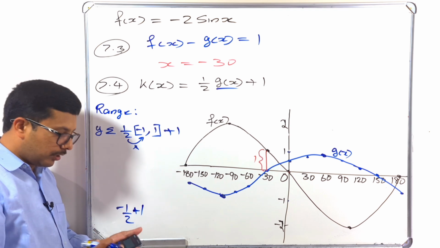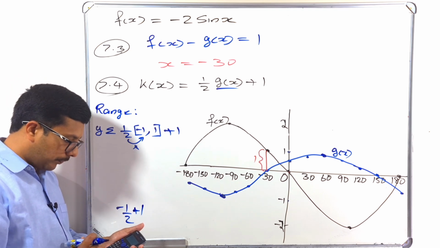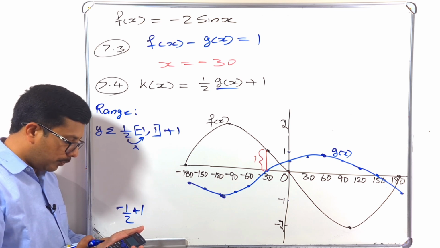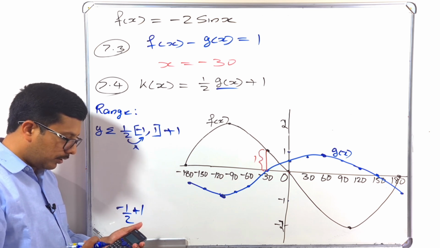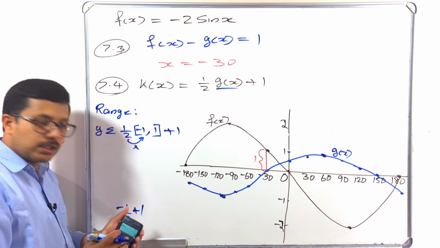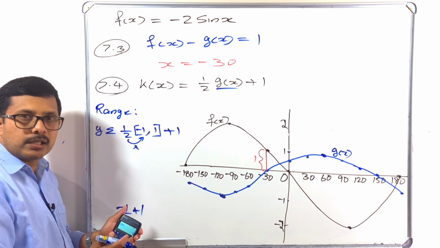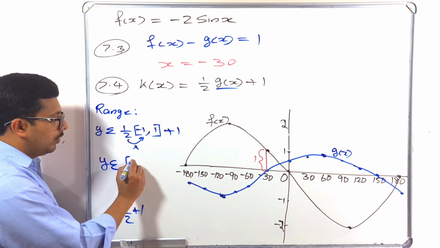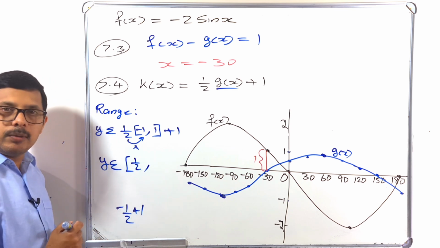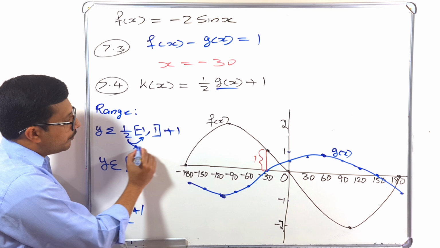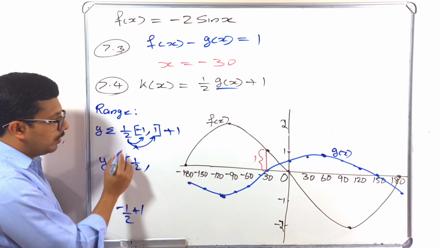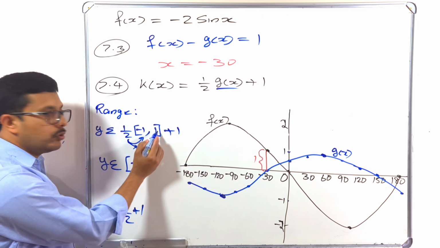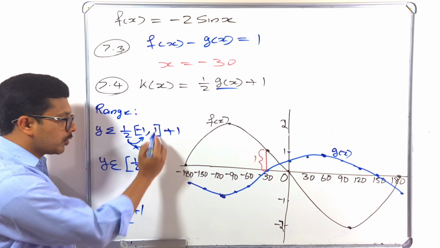So check in your calculator, minus half plus 1. Maybe you know it without a calculator. You can see in your calculator the answer is half. Okay, so y is an element of half. Now the same applies here. Half times plus 1, what is half times plus 1?